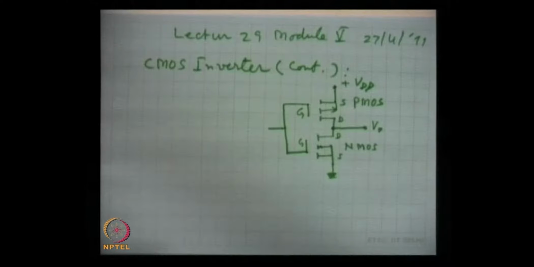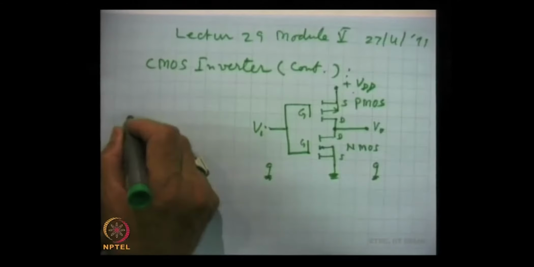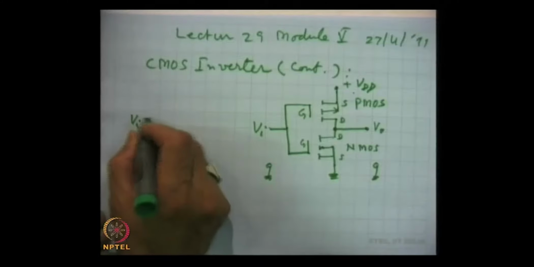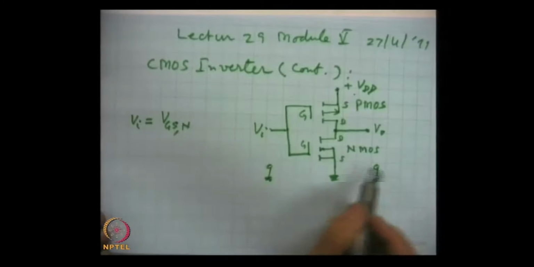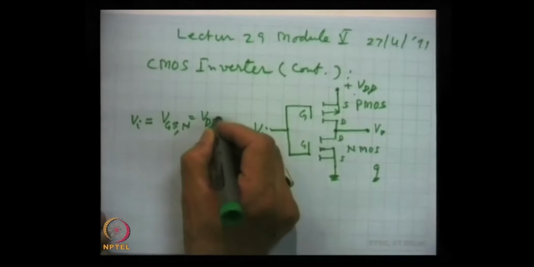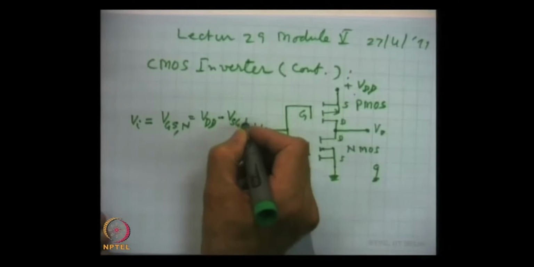Then we obtained two equations, which we got earlier. For the input voltage: Vi is equal to VGSN, where N stands for NMOS, and this is equal to VDD minus VSGP.